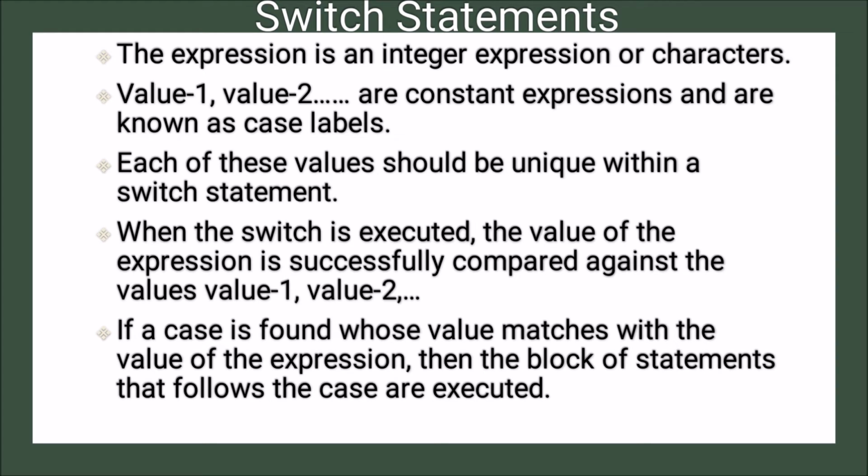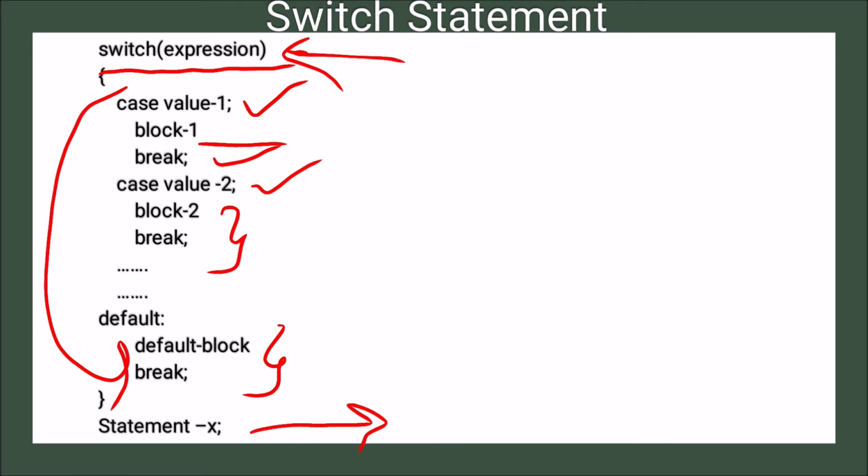So value 1, value 2, 3, or up to however many you put, should all be unique values. Now when the switch is executed, the value of the expression is successively compared against value 1, value 2. Okay, that's what we already saw in the format.